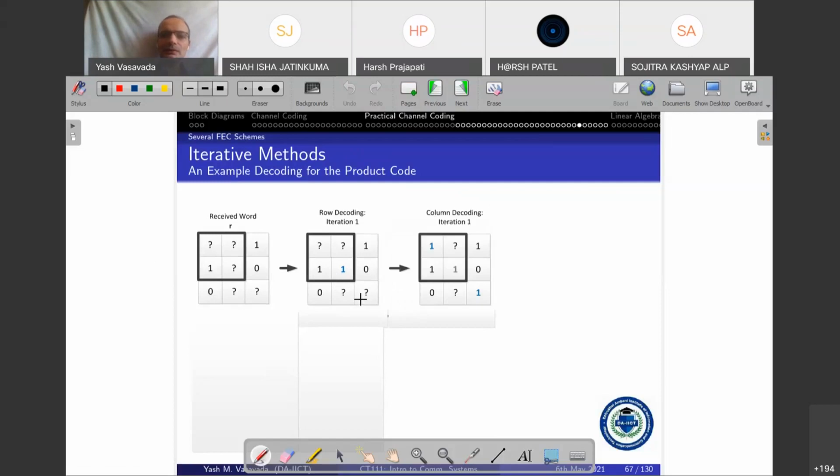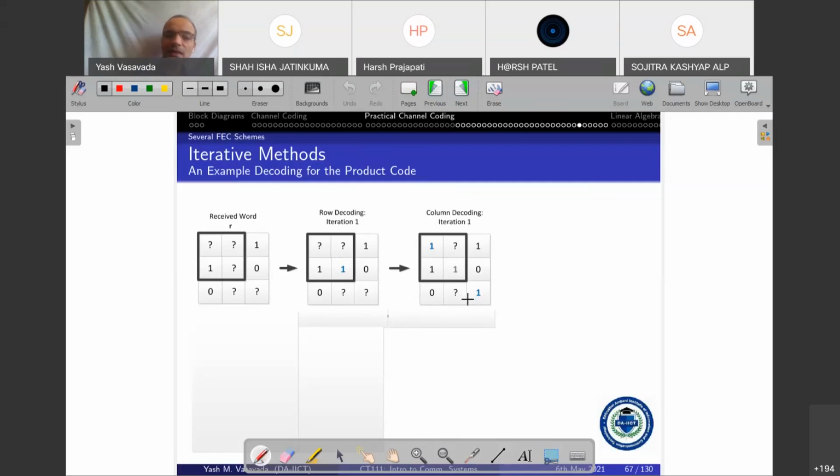Okay. So after iteration 1, it actually unerased 3 bits. In the first part of iteration 1, it unerased this bit, and in the second part, it unerased these 2 bits.